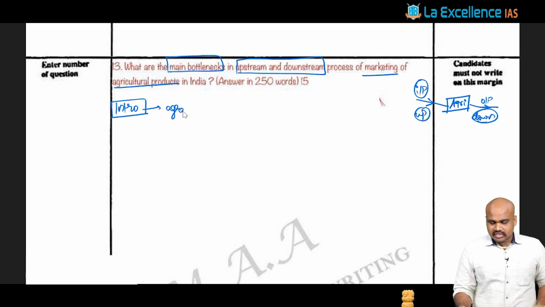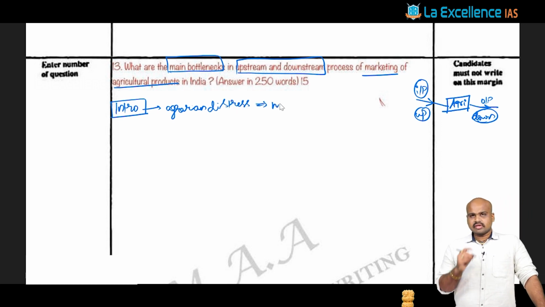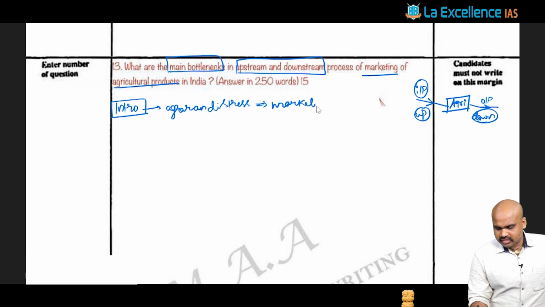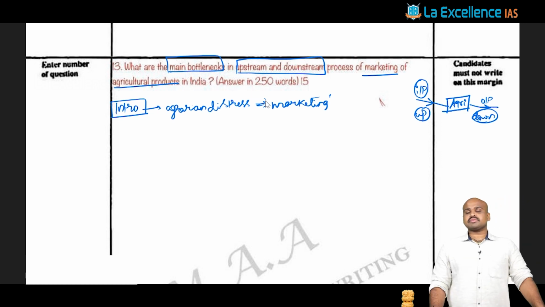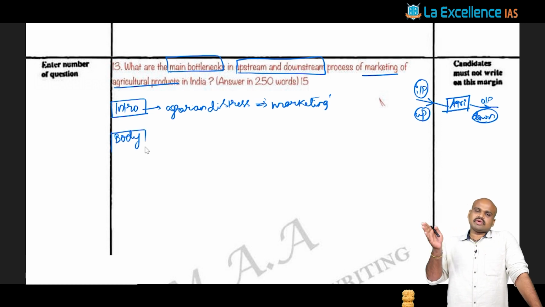With such an understanding, looking at the kind of introduction that can be given, we see that the major reason for agrarian distress is the marketing issue. Marketing is a post-agricultural, post-harvest activity, and it is a major issue because the supply chain of marketing is not very well established.